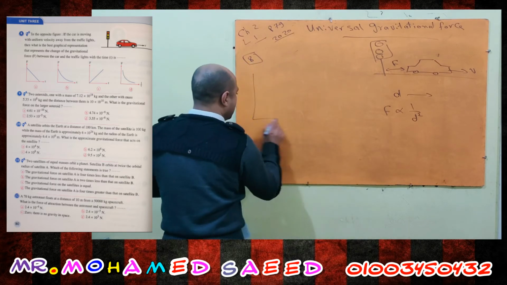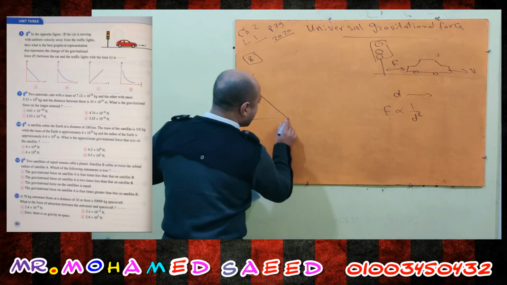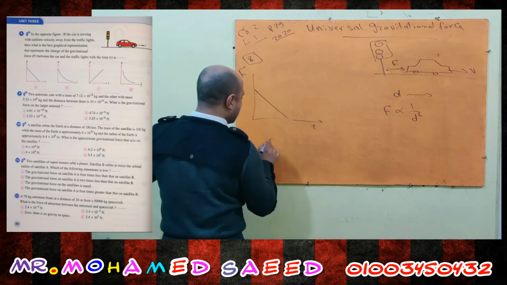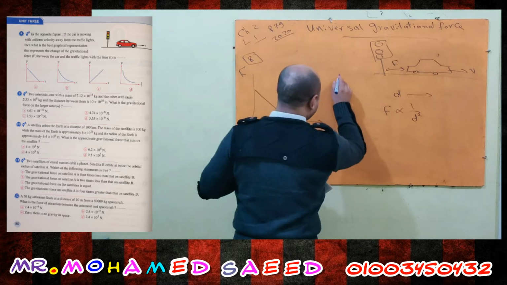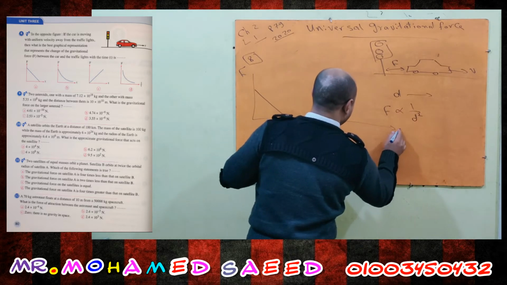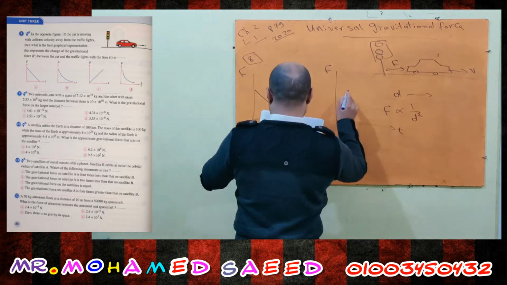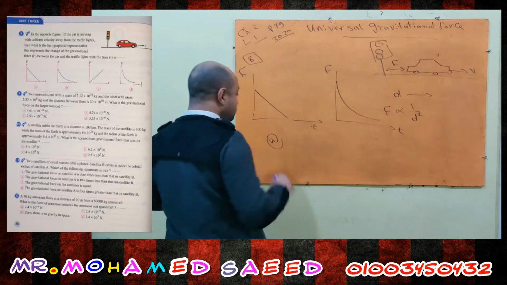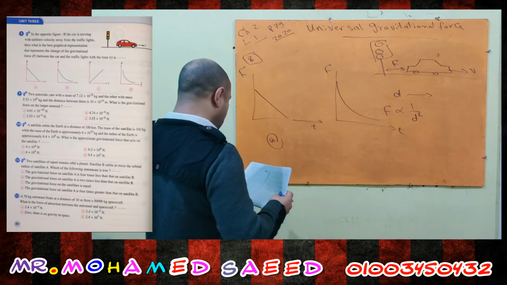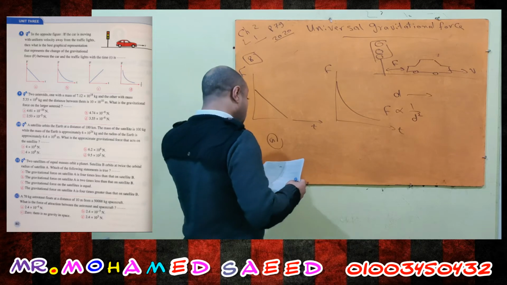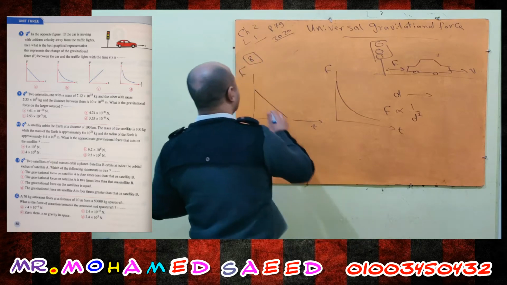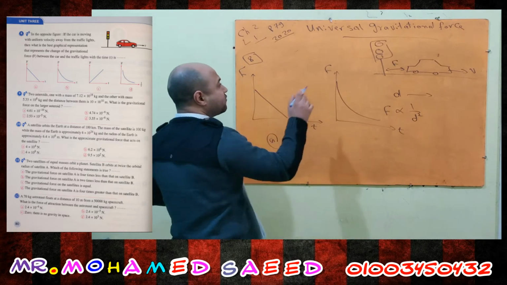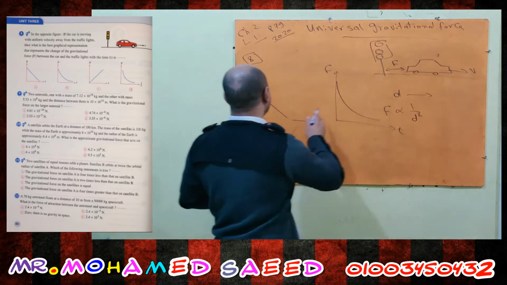A and B. What is the difference between A and B? And which is the true one? Okay, what is the difference between A and B? A said that the gravitational force or attraction force between the car and the traffic lights decreases.